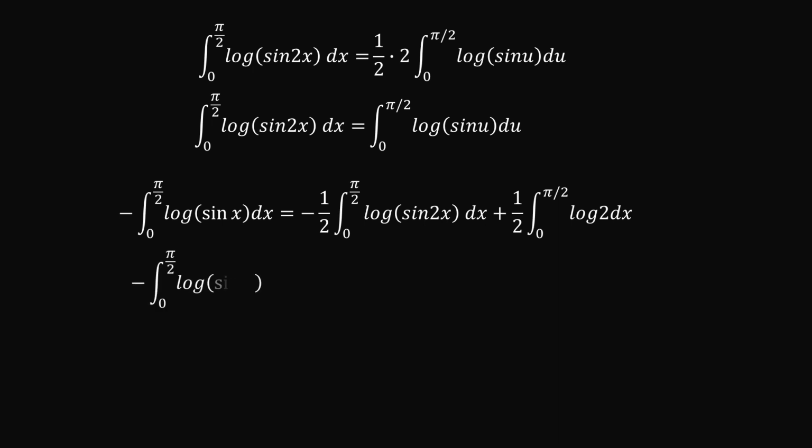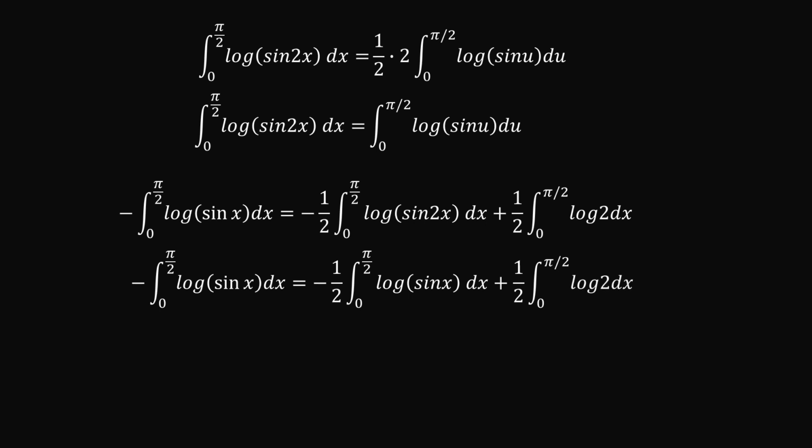We can now substitute for the integral of log of sine 2x with something similar to what is on the left-hand side. And since we can just plug the same value on the left-hand side in place of the integral of log of sine 2x, we can add to both sides half of the integral of log of sine x, and so the left-hand side component becomes negative a half, right?